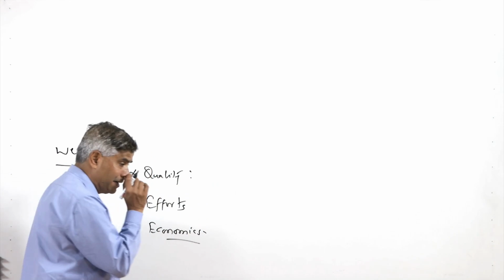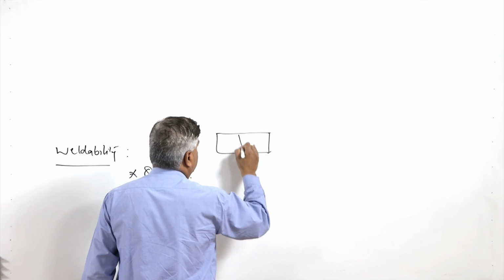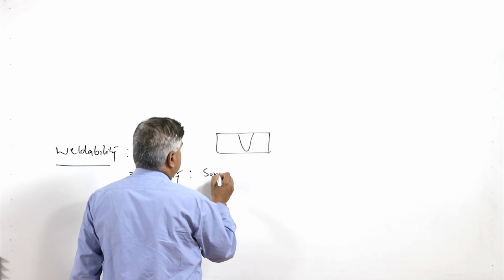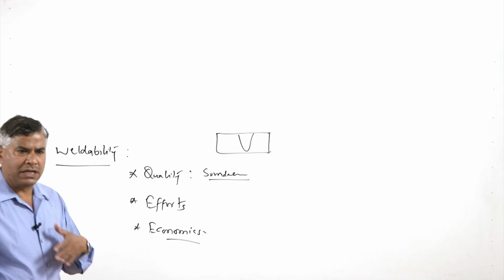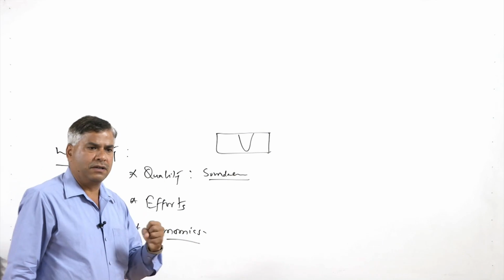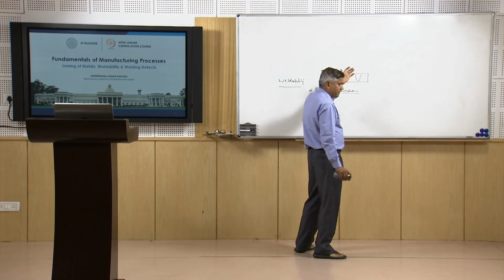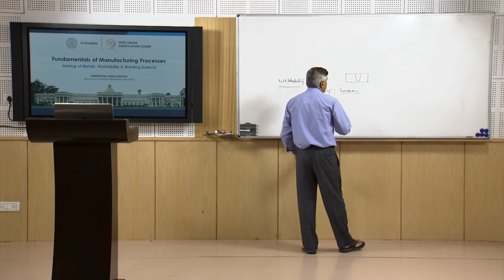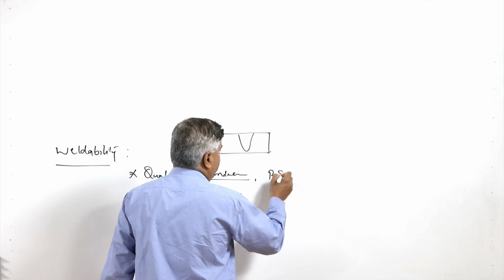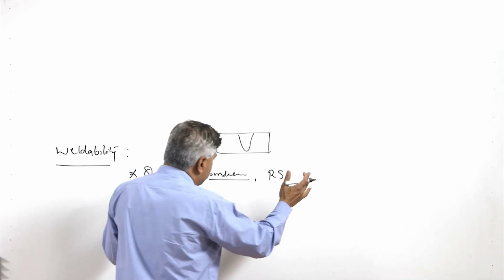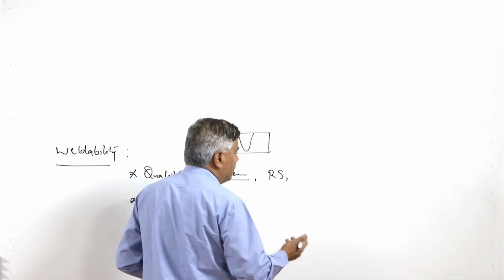Quality we can see in terms of the soundness of the weld joint, which is normally checked in terms of the porosity or inclusions present, the presence of cracks in the weld metal or in the heat affected zone, and the presence of residual stresses. These are the factors which will affect the performance of the weld joint.